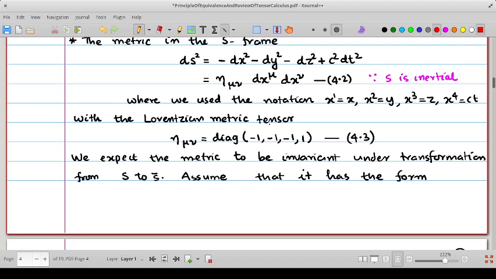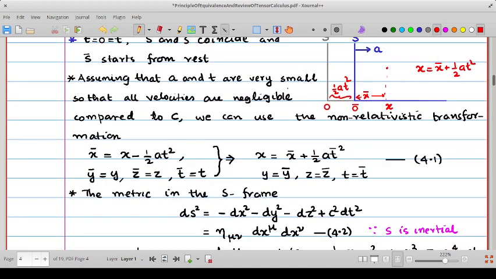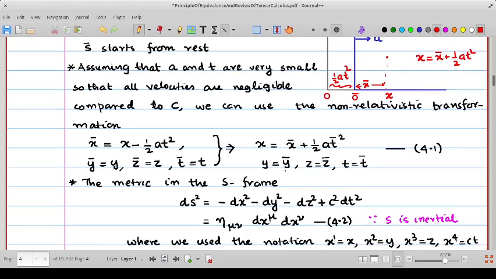But that involves dx mu and dx nu. But we know how x mu is related to x bar mu, and therefore we know how dx mu is related to dx bar mu. We obtain that by taking the coordinate differentials from this equation 4.1.